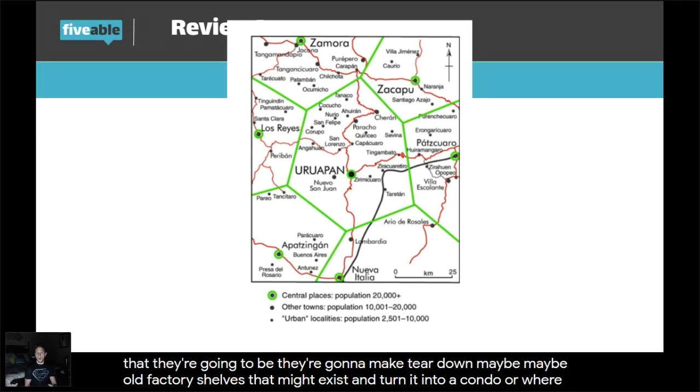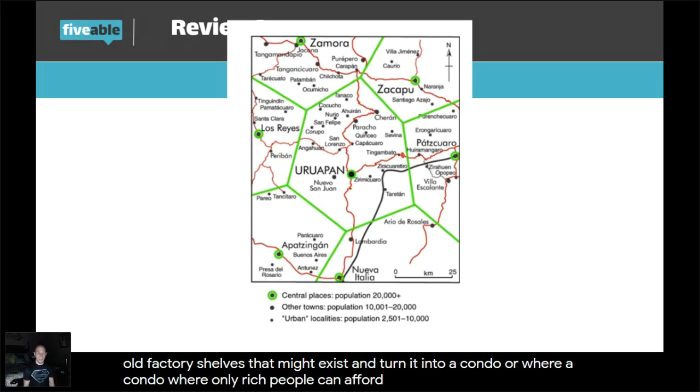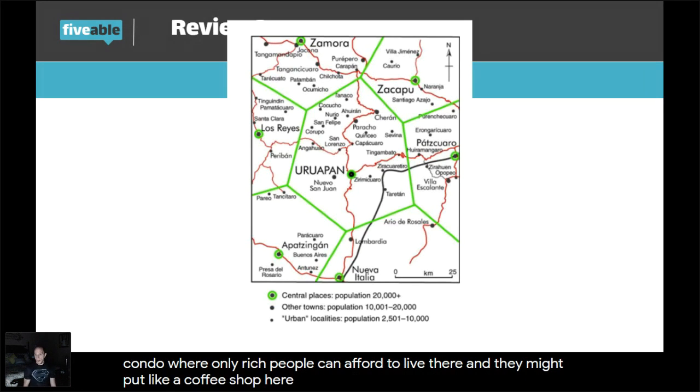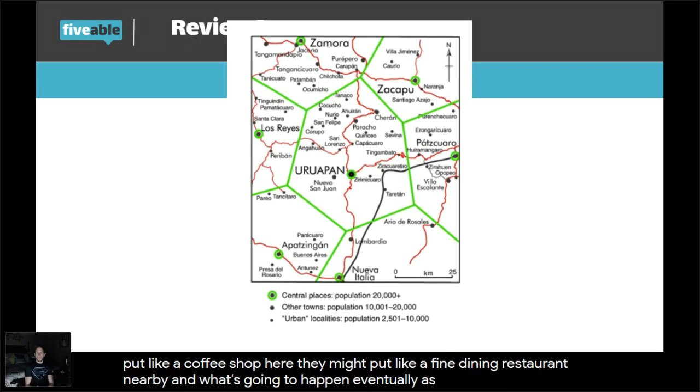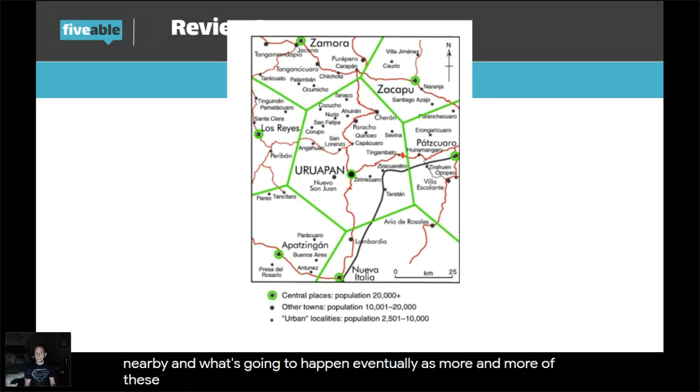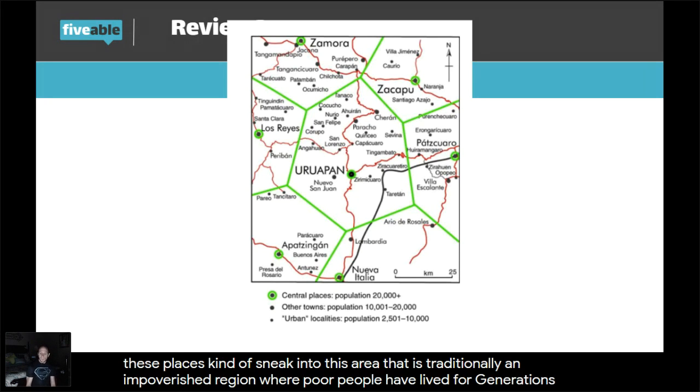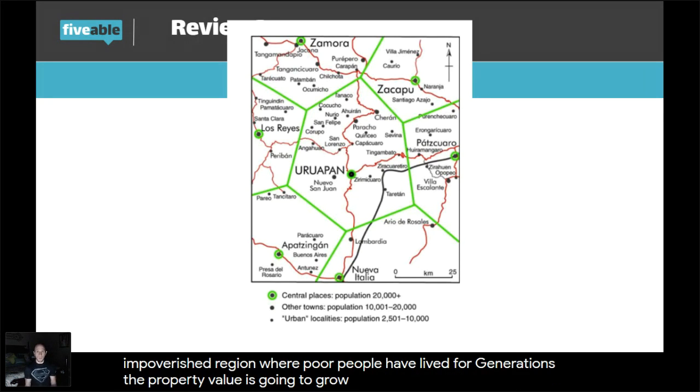Or a condo where only rich people can afford to live there, and they might put like a coffee shop here. They might put like a fine dining restaurant nearby. And what's going to happen eventually, as more and more of these places kind of sneak into this area that is traditionally an impoverished region where poor people have lived for generations, the property value is going to grow so substantially that the poor people can't afford to live there.